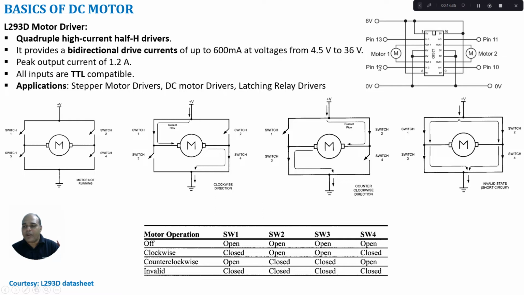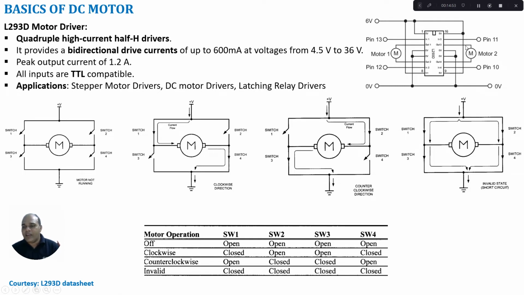Pin number 12 and pin number 13 come from your microcontroller GPIO lines. By providing 0, 1 to pin number 12 and pin number 13, I will get rotation in one direction. By changing it to 1, 0, I will get the opposite rotation.